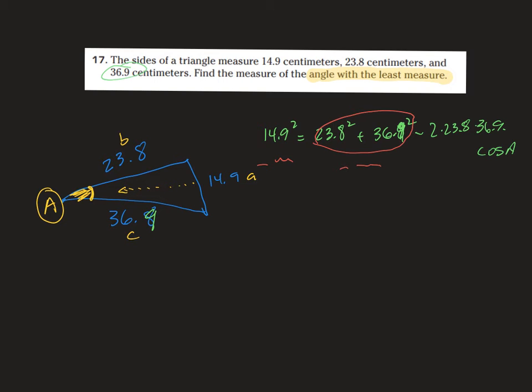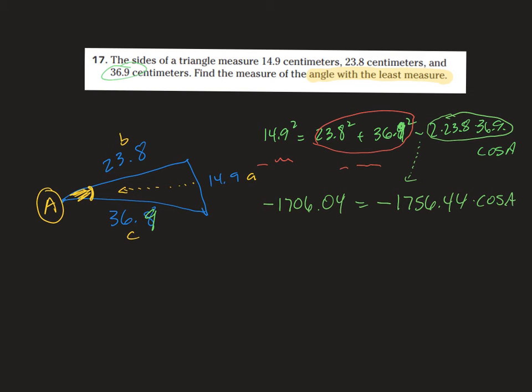After cranking out those numbers, I end up with negative 1,706.04 equals, don't forget this negative sign comes down, negative 1,756.44 times cosine A. That 1,756.44, that's what you get when you multiply these guys together.